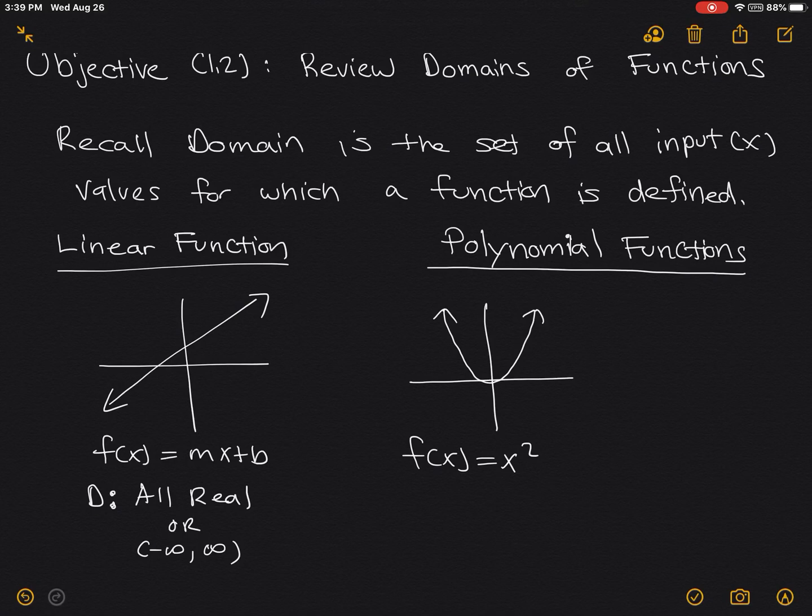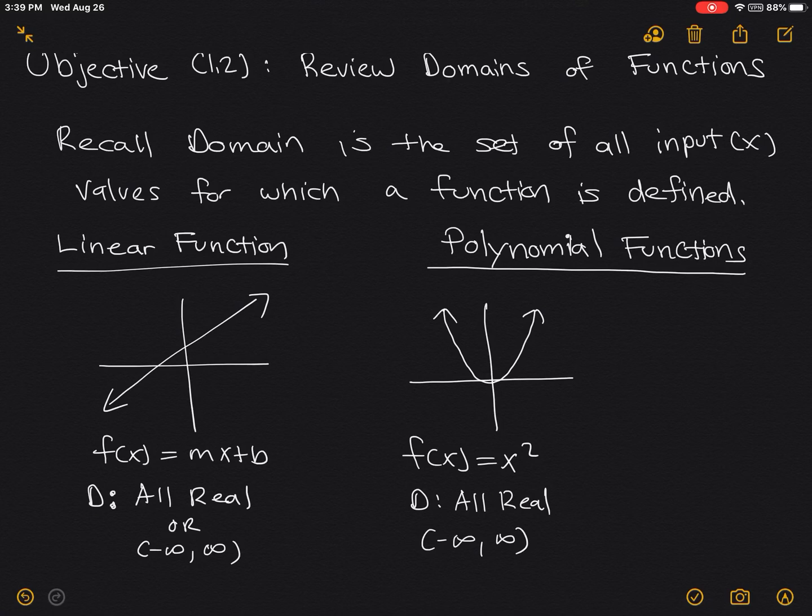You can shift it up and down, left and right, et cetera. And if I ask you what's the domain, is there anything not allowed into this function, this equation? You think, are positive numbers allowed? Yes. Is 0 allowed? Yes. Negative numbers are also allowed. And you can look at the graph. It's going to go on forever to the right, forever to the left. This one's also all real, or minus infinity to infinity.